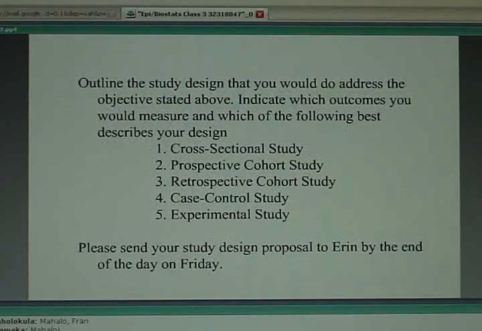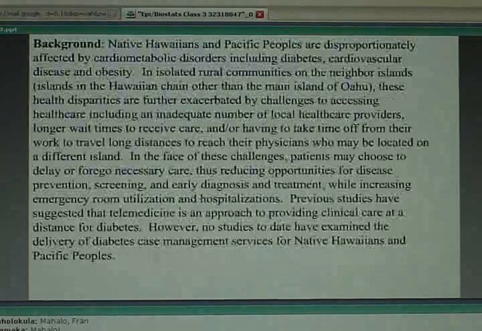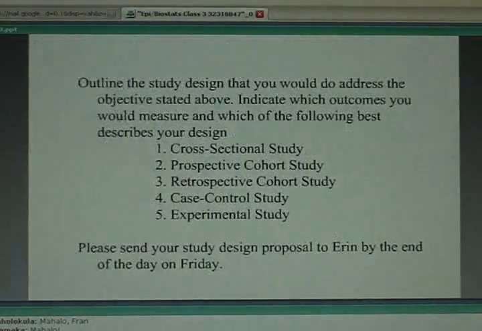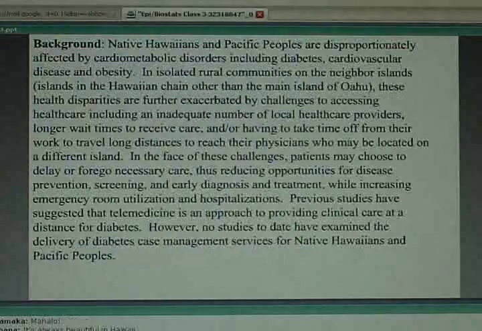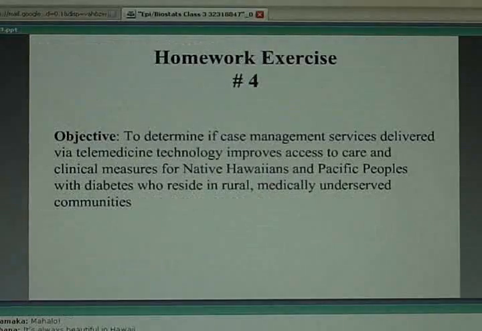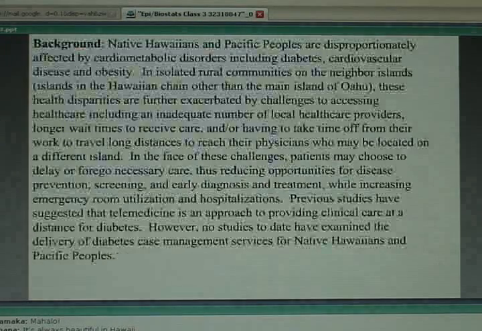So it's the same background you saw before. Think about people who are not from the island of Oahu, who are Native Hawaiians and Pacific people. We're giving them access via telemedicine to having a positive improvement on their quality of care. So think about how you would now design a study. Answer that question about telemedicine improving the quality of care of these people.